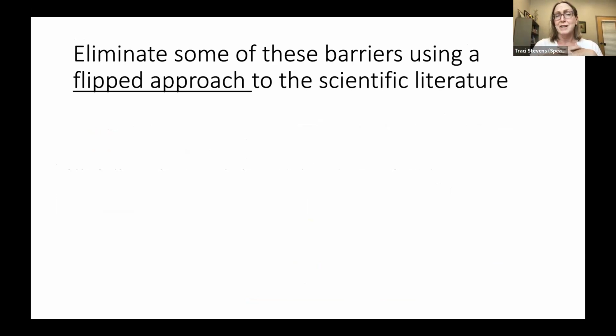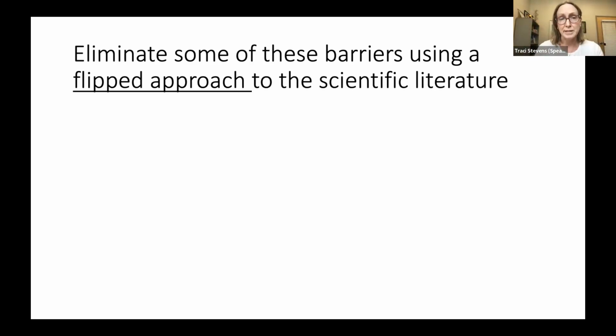So what I'm using is basically a flipped approach to the scientific literature. And if you're not familiar with the flipped approach, that's giving students the easier parts of what you want them to learn outside of class, before class. And then when they come into class, you focus on the harder things and more upper level thinking.